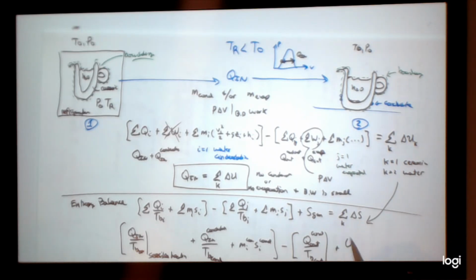And then some Q out for the standard water evaporation over some TB evap. And then we have some mass out of the evaporated water and the entropy per unit mass of the evaporated water, plus S gen equals some delta S. Okay.